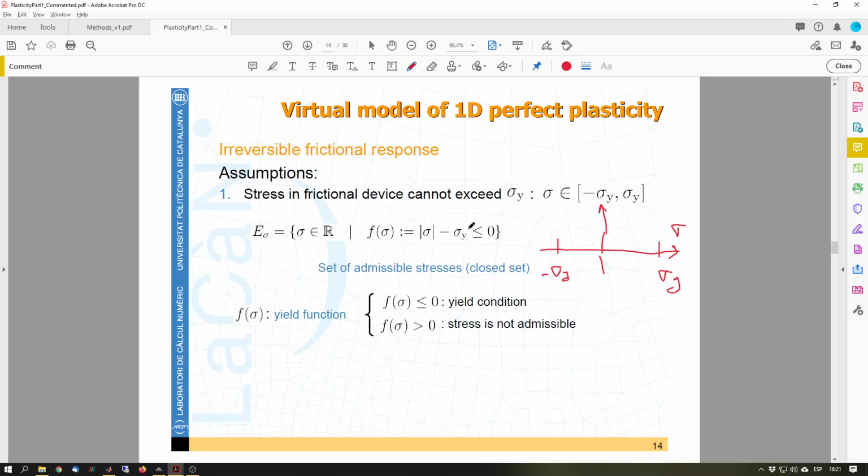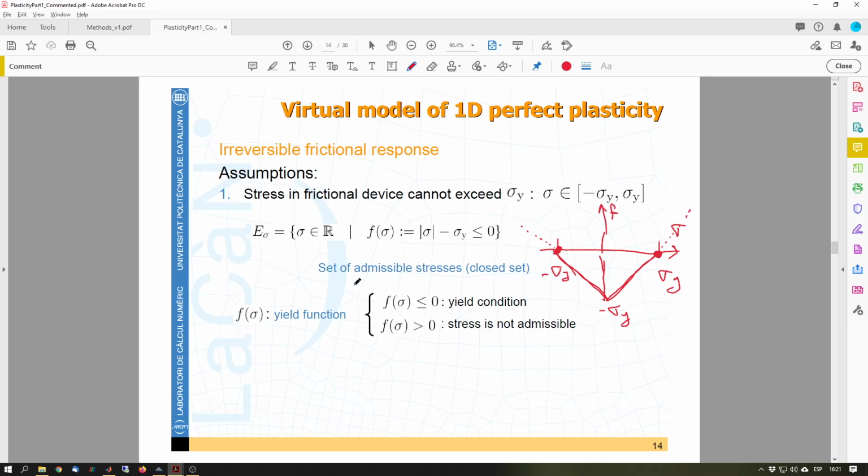If I plot this function on that domain, for sigma equals 0 it would be minus sigma y, and it equals 0 here and here. From that moment, because my stresses cannot go beyond that value, my function would be positive.